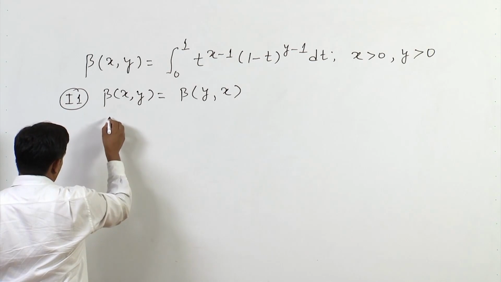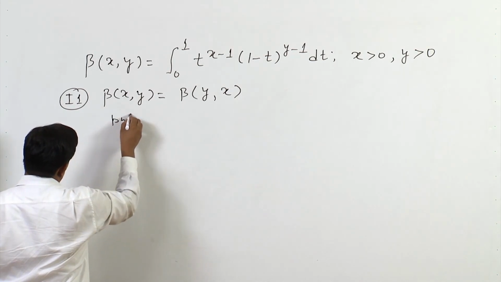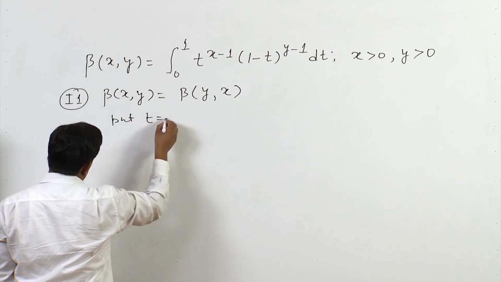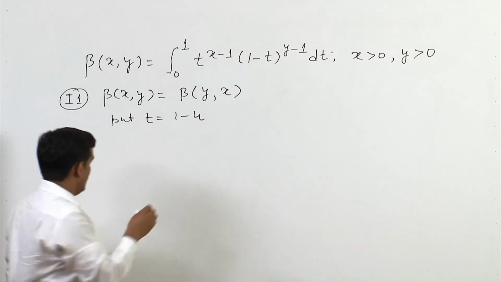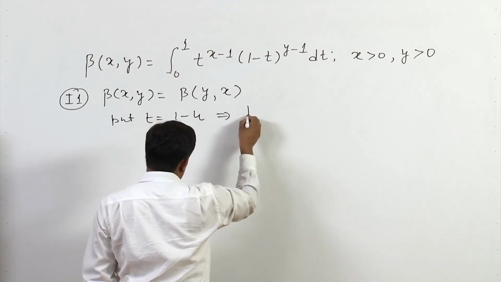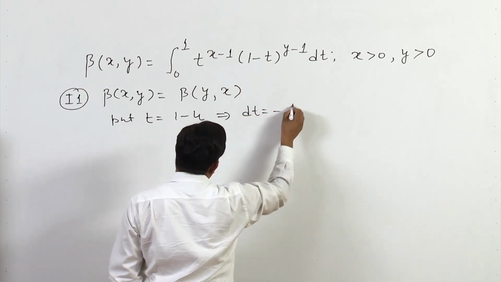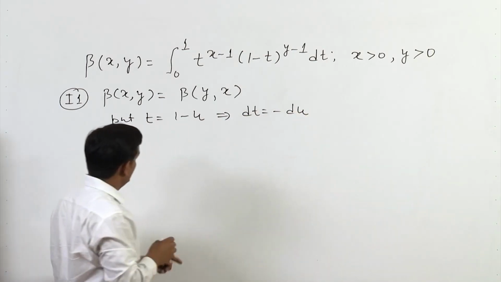In the definition, put t equals 1 minus u. So, this will give me dt equals minus du.